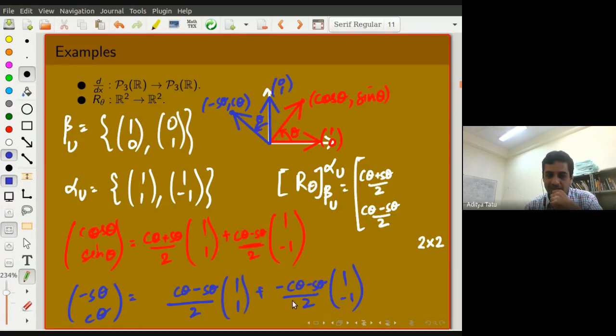That's right. Yes, I think it should be fine. So the second column vector would be cos theta minus sin theta by 2, and this would be minus cos theta minus sin theta by 2.